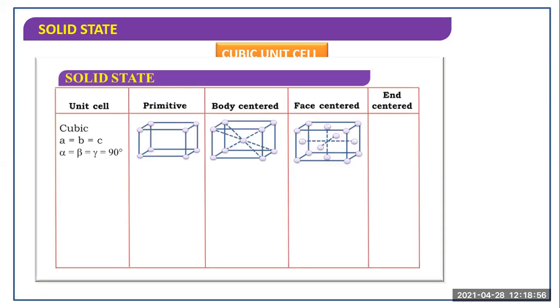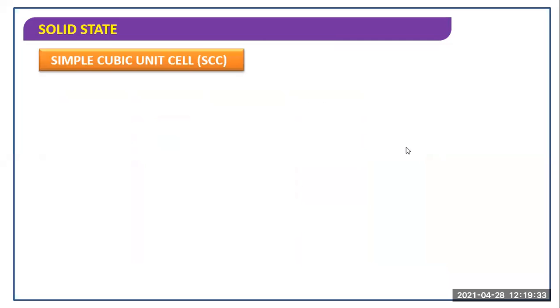Cubic unit cell, where A equal to B equal to C, that means all lengths are equal, and all angles are 90 degree. That is primitive, with all points in the corner. Here 8 points in the corner and 1 point in the body. That is known as body center cube. Face center: there are 6 faces in a cube, so 6 faces contain 6 atoms, and the end center is also there.